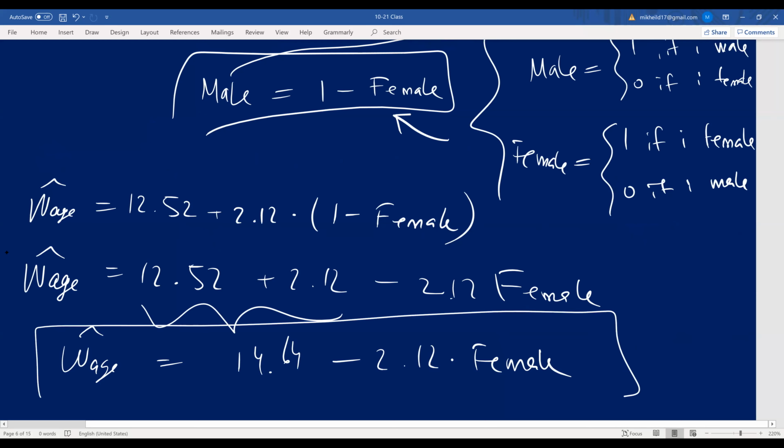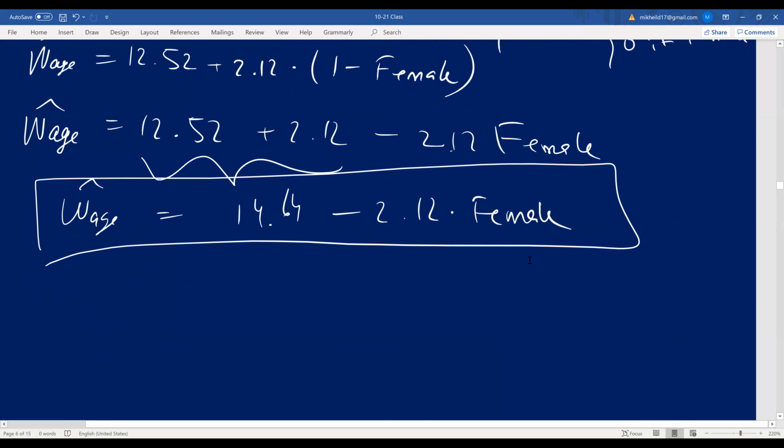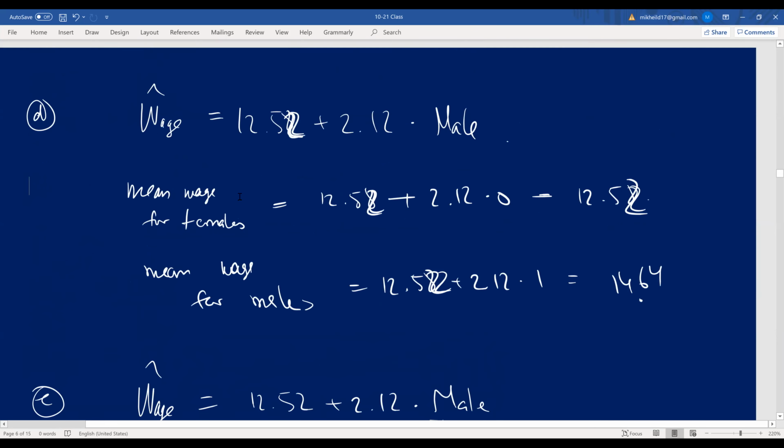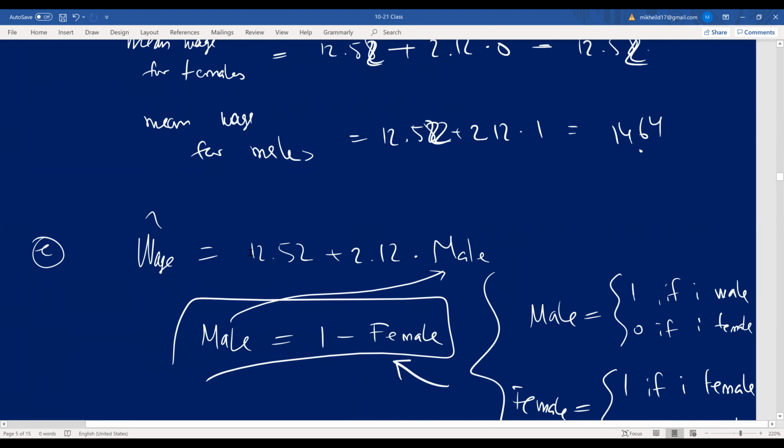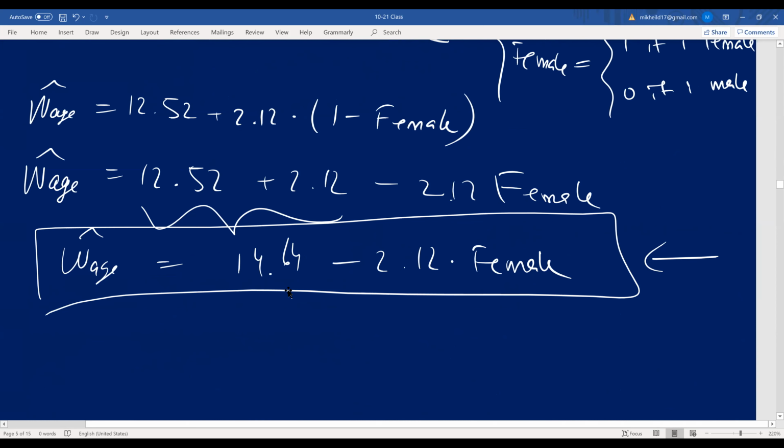So we rewrote the above regression, where we had the dummy variable male as the independent variable, into another regression, which is the same regression, but in this case as the independent variable we have female instead of male. Okay, and that's all for this problem. So the regression estimates are, in this case, beta 0 hat is 14.64.